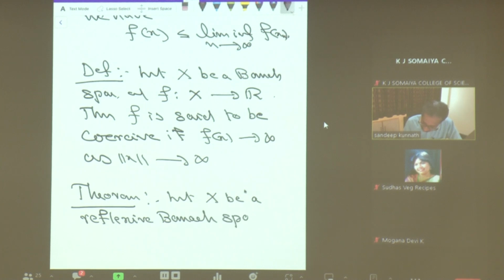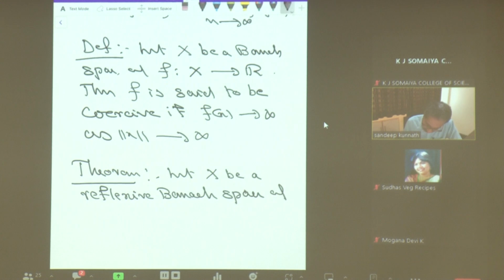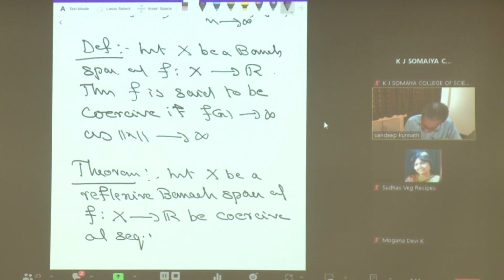Let X be a reflexive Banach space and F from X to R be coercive and sequentially weakly lower semi-continuous.